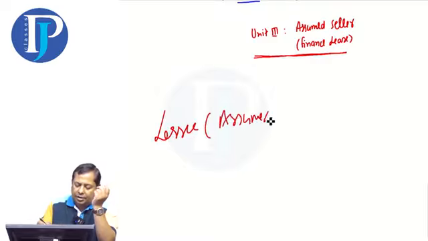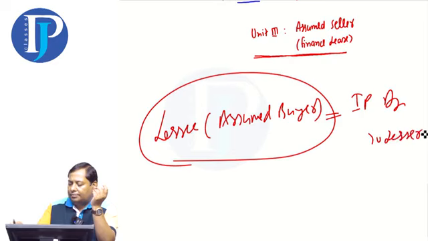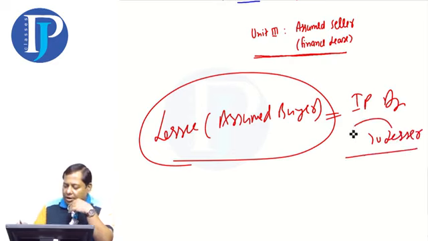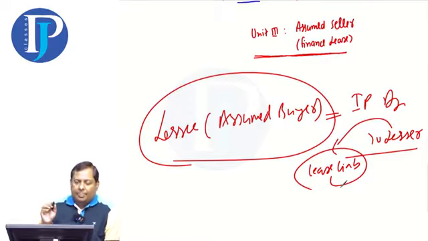The one whom you have assumed as the buyer, remember. What entry did he pass? The IP account is debited to the lessor. And this has become the lease liability. And the payment is done with the interest.